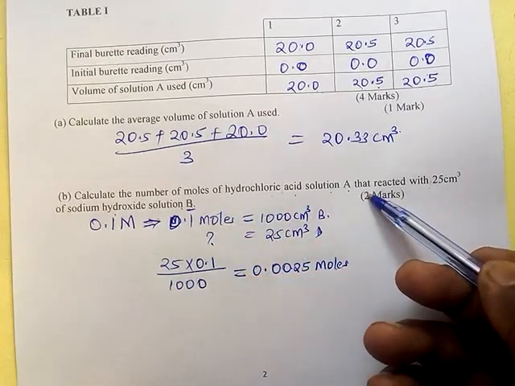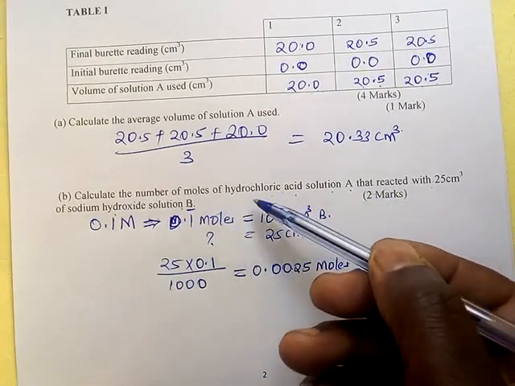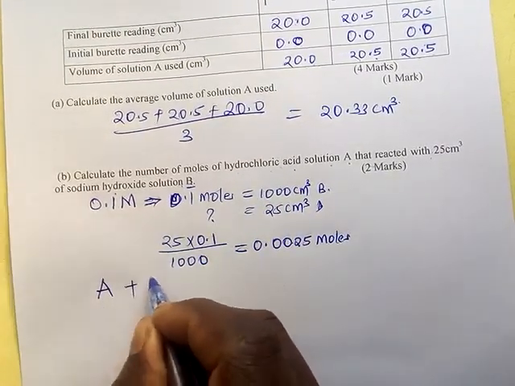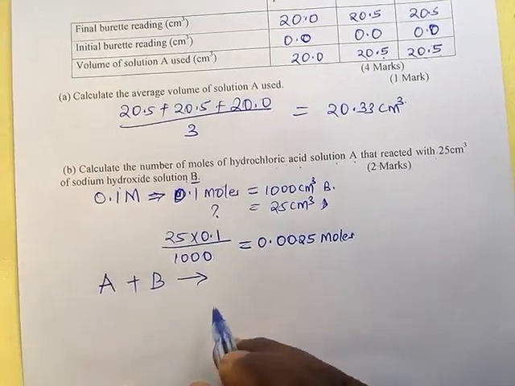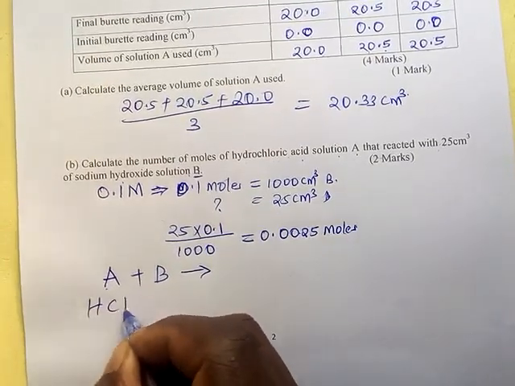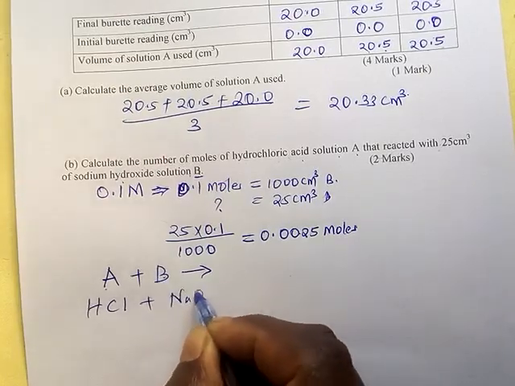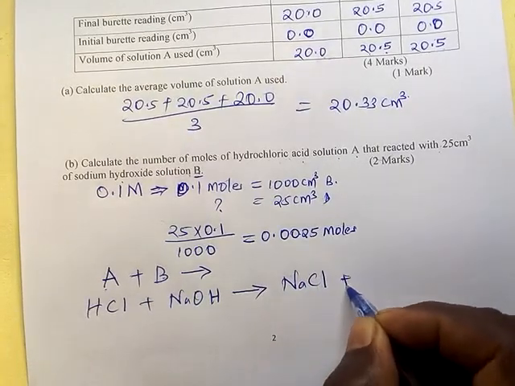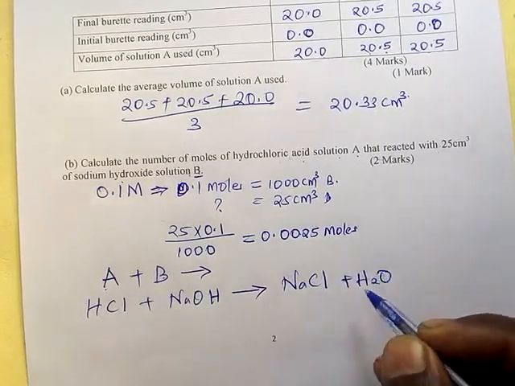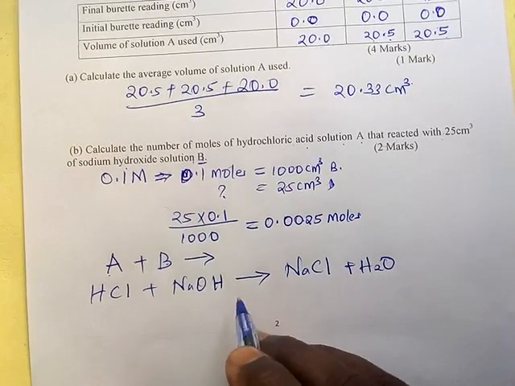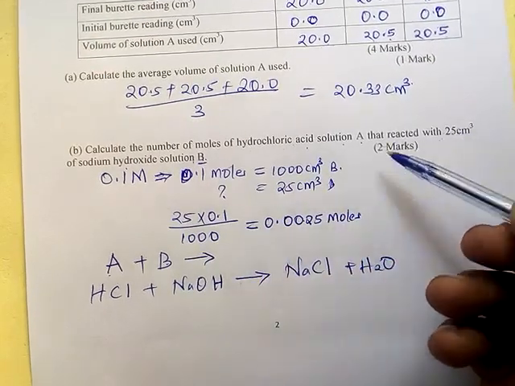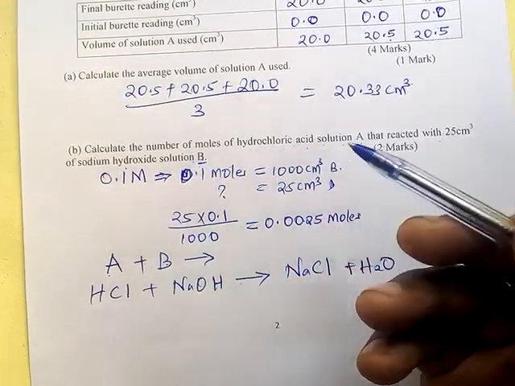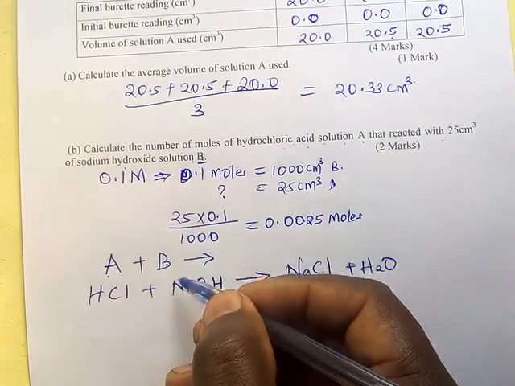So this is the number of moles of sodium hydroxide, but the question is not asking number of moles of sodium hydroxide. So how can we get the number of moles of hydrochloric acid? Remember, A reacted with B to give us the product. We know A is HCl plus B is sodium hydroxide. They react to give us sodium chloride plus water. We know the ratio here is 1 to 1. It means that the number of moles of 25 centimeters cube solution B will be equal to the number of moles of hydrochloric acid, because the mole ratio is 1 to 1.